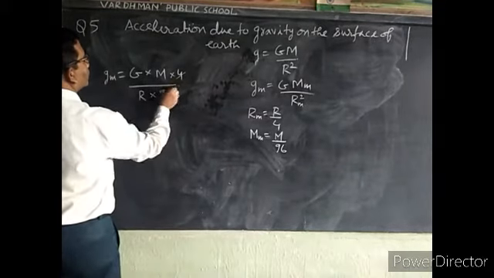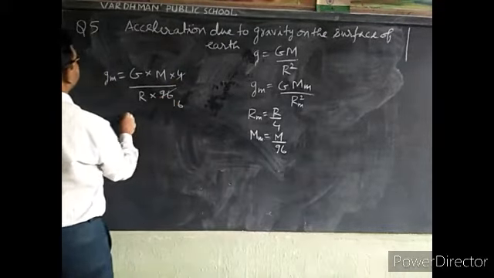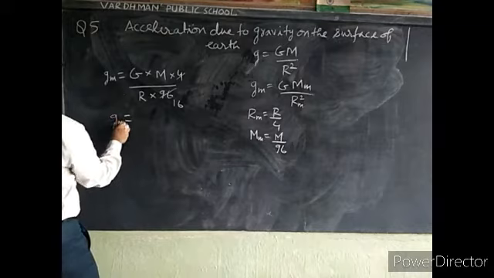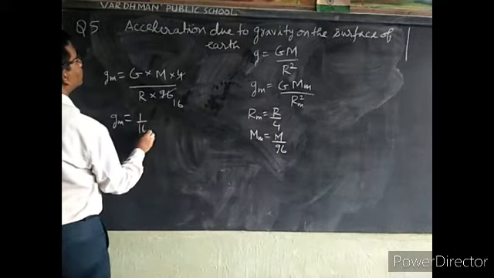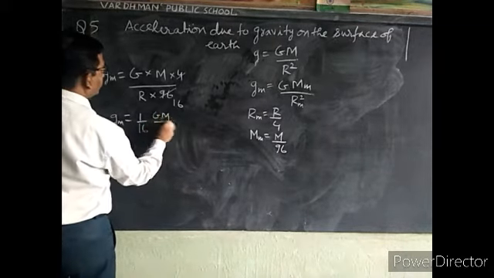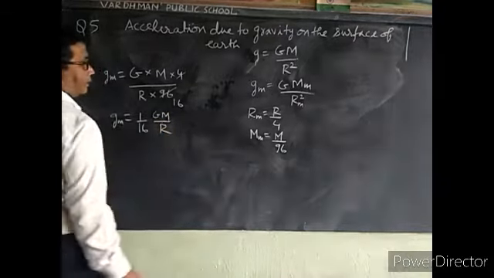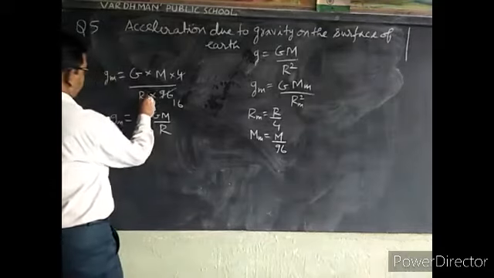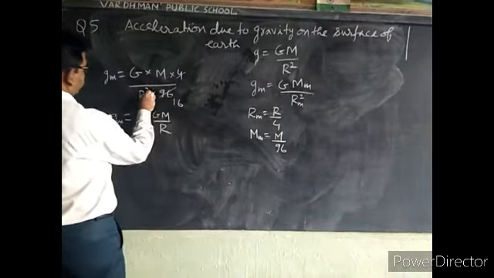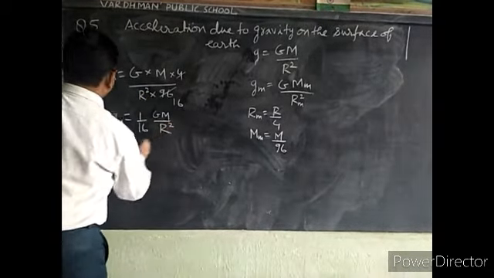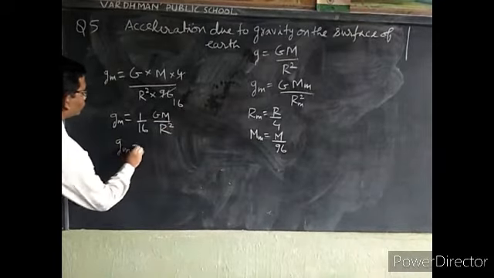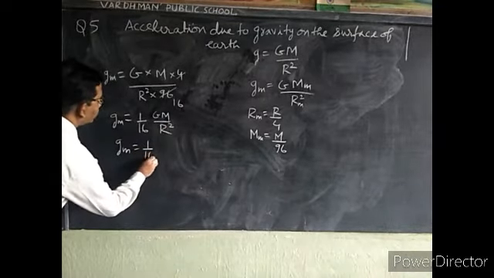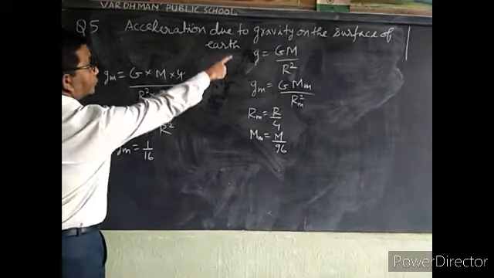Now it becomes 16 times. We can write gm is equal to 1 upon 16 GM upon R square, that is gm is equal to 1 upon 16 g.